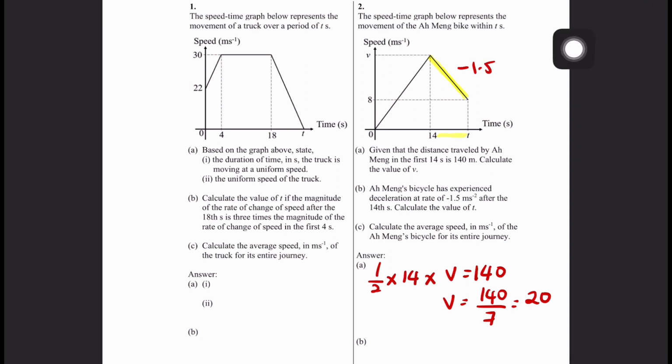So the gradient of this part is negative 1.5. The coordinate here is 14, V which was 20. T is this part, at 8.